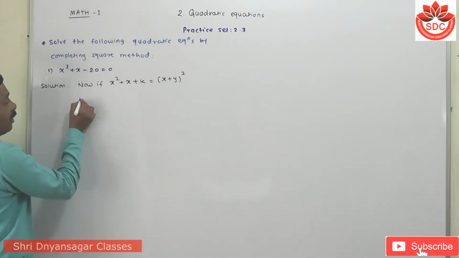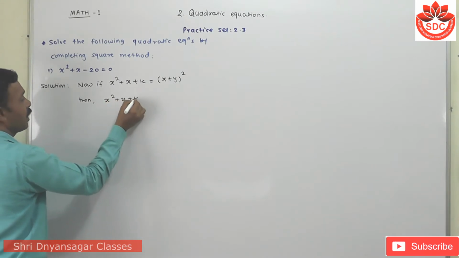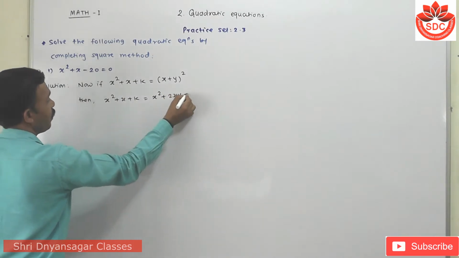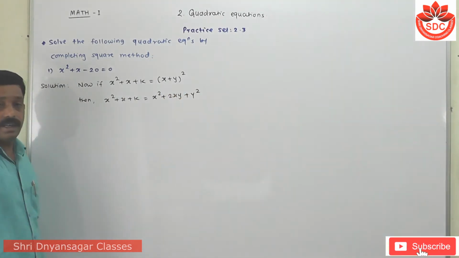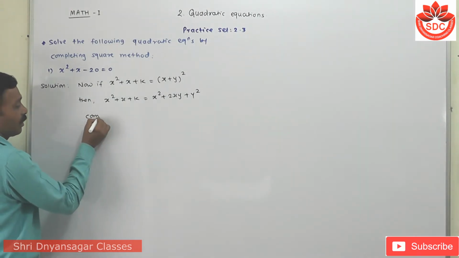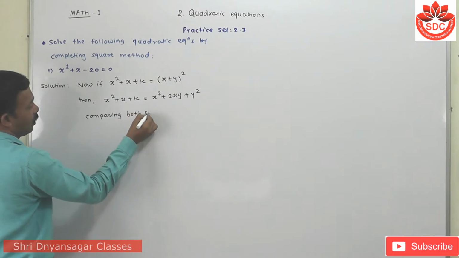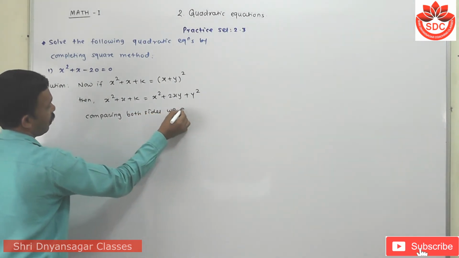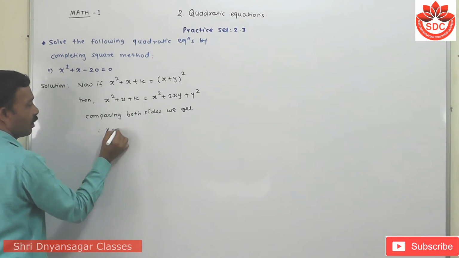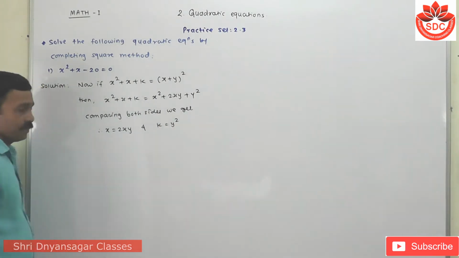Then x² + x + k, and the square of this one is x² + 2xy + y², by using the identity (a + b)². Comparing both sides we get: x² is x², x is 2xy, and k is equal to y².